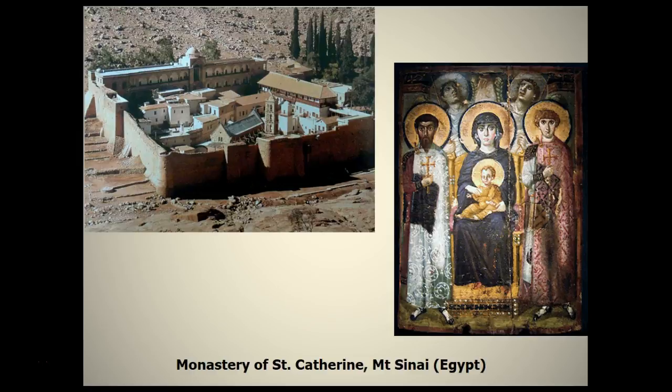I know it doesn't seem like it, but when we look at this compared to, say, the mosaics of Justinian and Theodora, I think you can see a little bit more of classical features. The faces are modeled slightly. We see some convincing modeling in the heads of the angels.